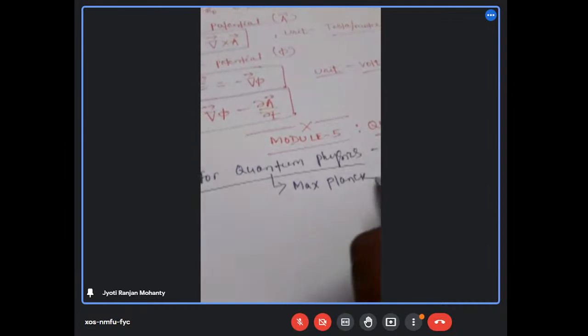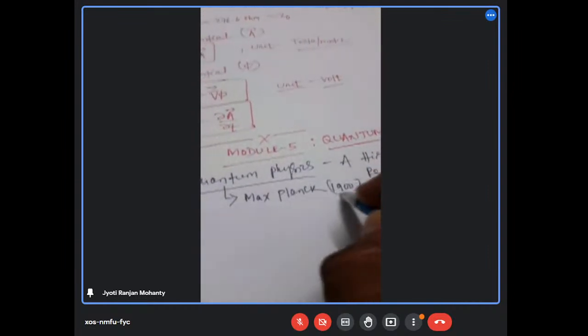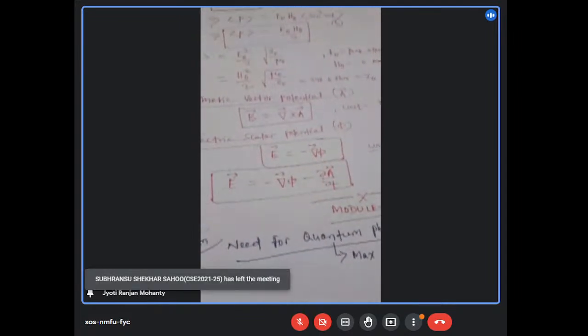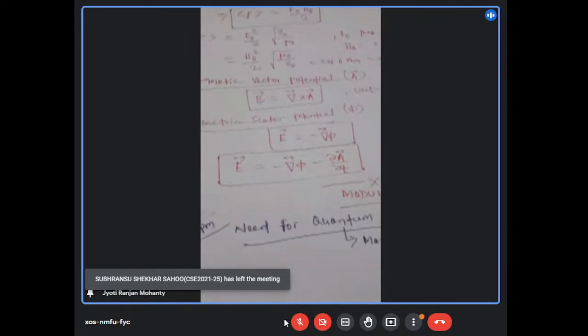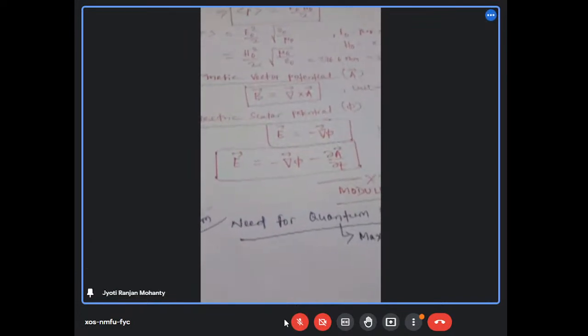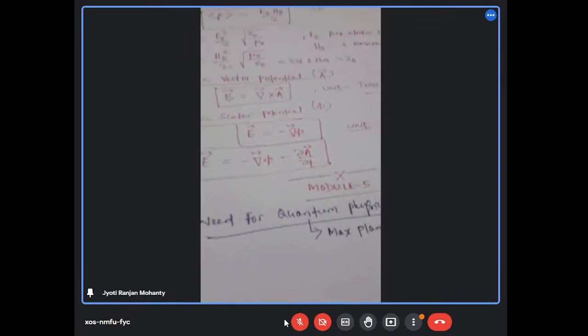Planck. On which year? The year 1900. The quantum idea was first introduced by Max Planck in the year 1900.